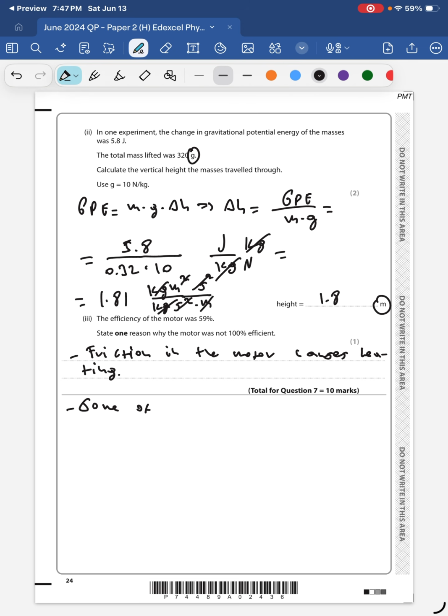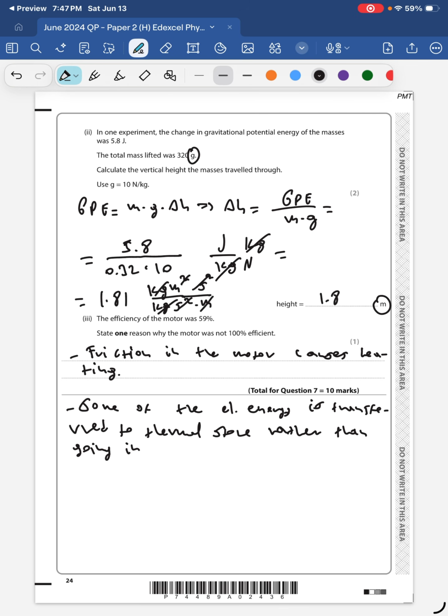So some of the electrical energy is transferred to thermal store rather than going into lift.